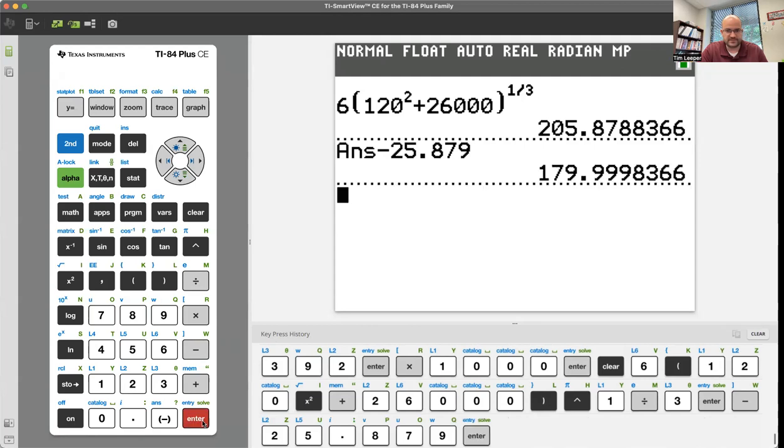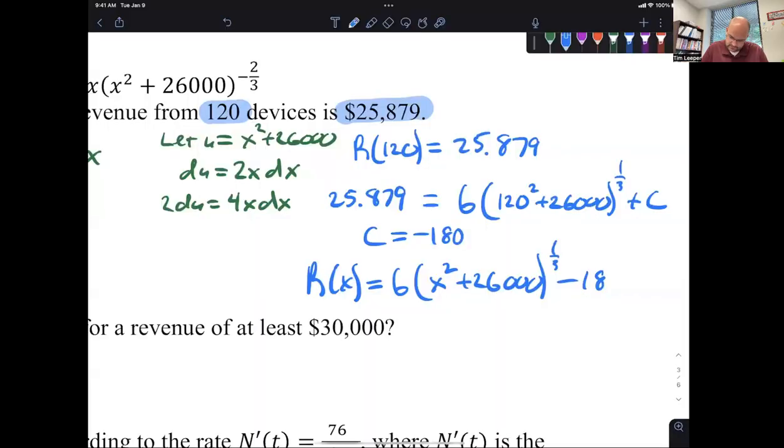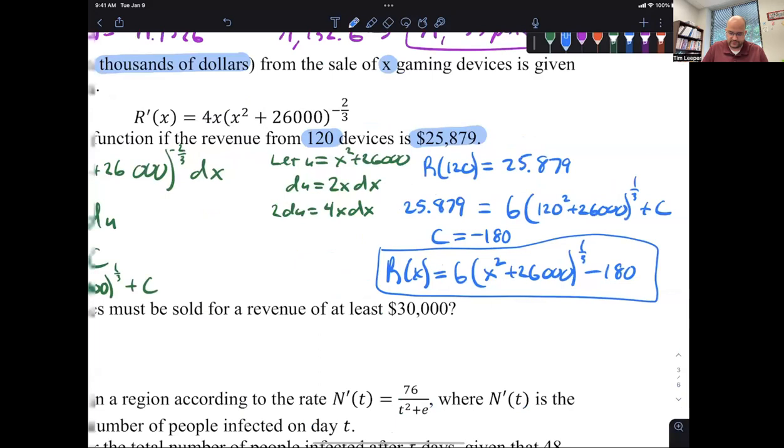I'm on the opposite signs here, so I'm going to change the sign to negative. Right around exactly negative 180. There we go. That's better. So minus 180, and that is the revenue function.